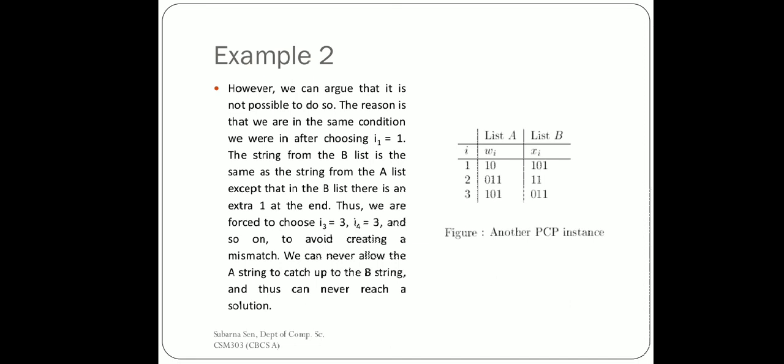Because list A has a starting value 1 with that of I3, the third value. So if you try this pattern, I3 equals 3 and I4 equals 3, and if both lists generate the same pattern without mismatching at any position, then it will have a solution.